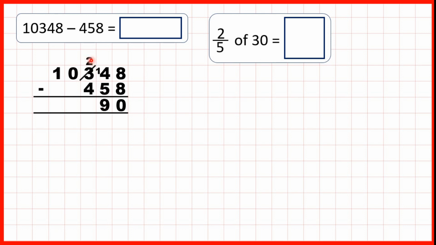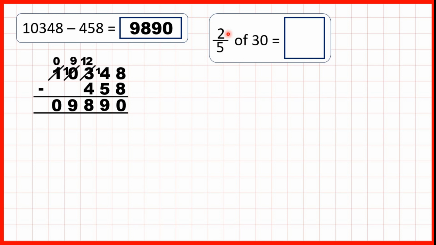Now we can't do 2 minus 4, and if we go to the left we have a 0, and we can't write 1 less than 0, so first we need to go to the left again to our 10,000s, and we can take 1 less, 1 in front. Then we can do the same thing. 1 less than 10 is 9, and that means we can put 1 in front of the 2 to make 12. Now 12 minus 4 is 8, 9 minus nothing is 9, 0 minus nothing is 0. So our answer is 9,890.